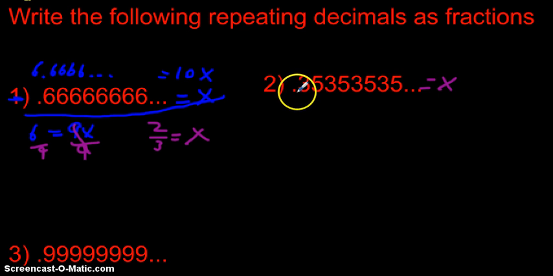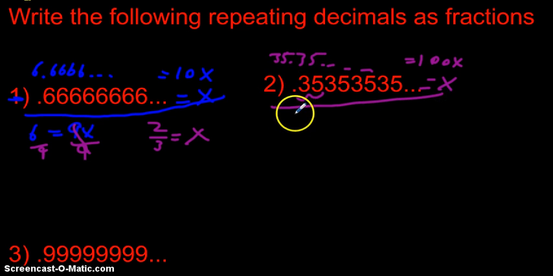Now this time I'm going to move the decimal over twice. So in order to do that I have to multiply x by 100. So this is 100x is equal to 35.35 forever. So by subtracting them, we get 35. I'm going to put a subtraction symbol here. 35 is equal to 99x.